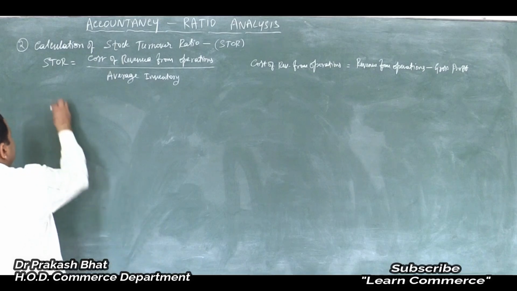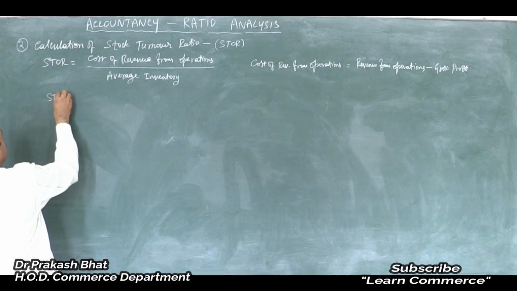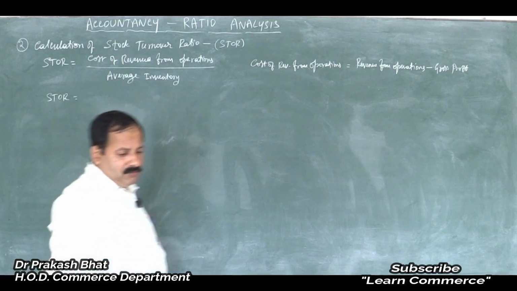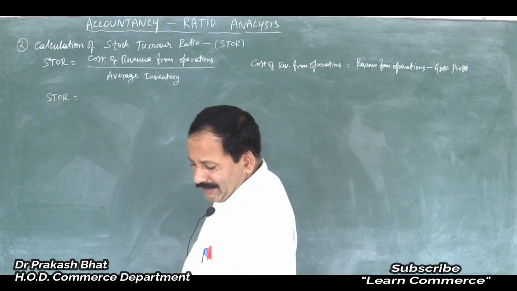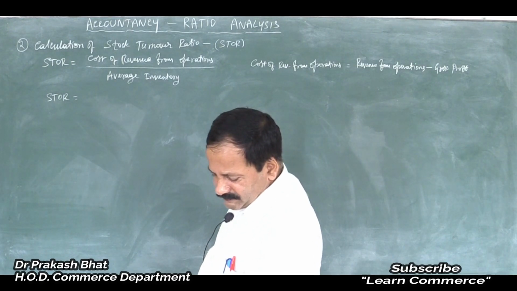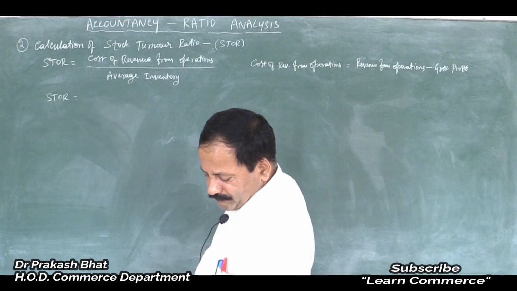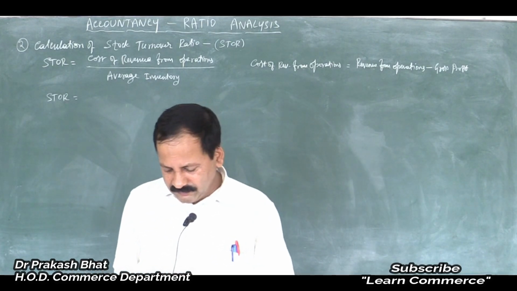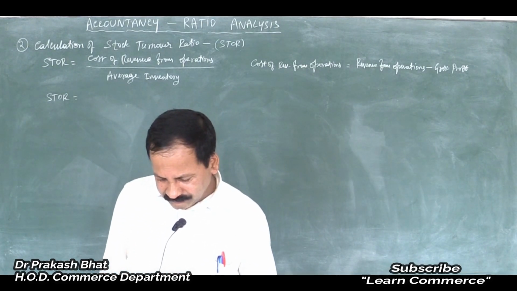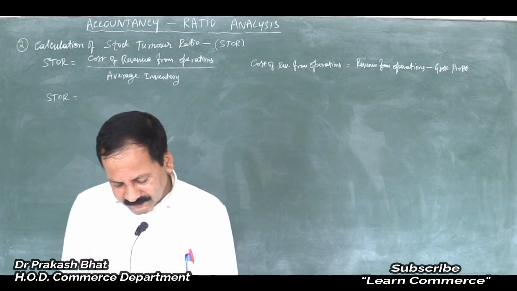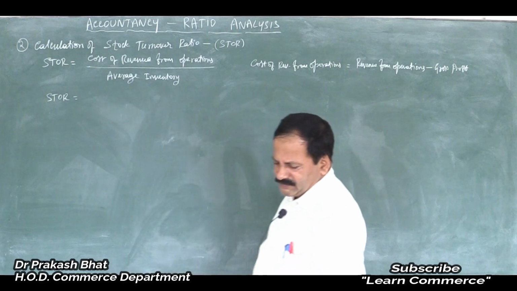So here STOR is equal to, let us calculate this. Sales minus gross profit. Sales is 2 lakh, gross profit is 50,000, correct?